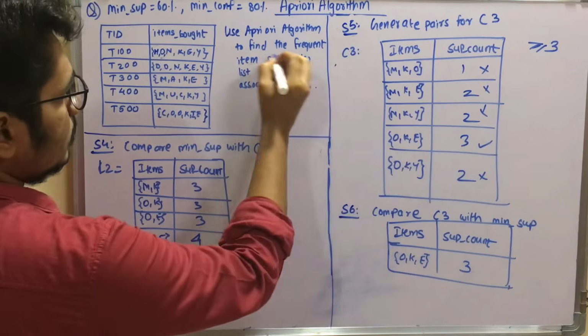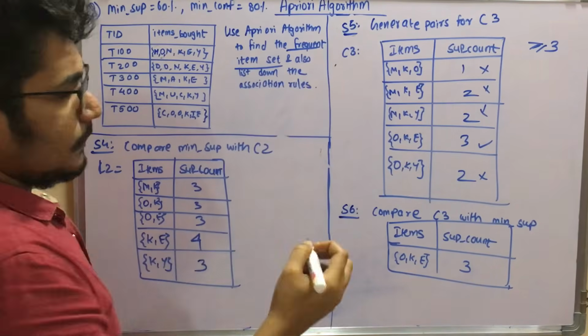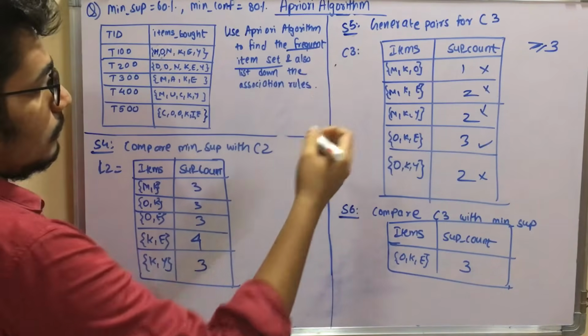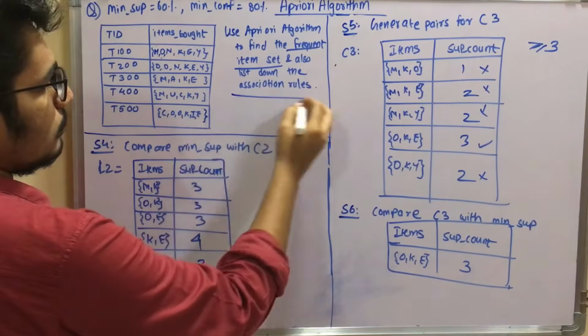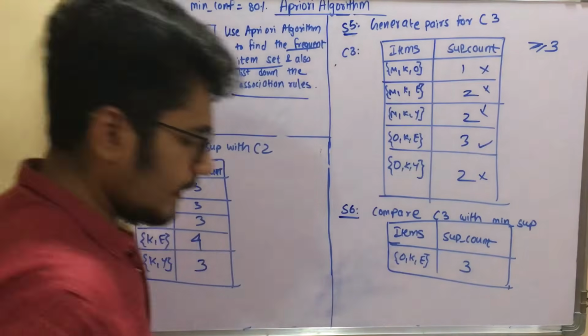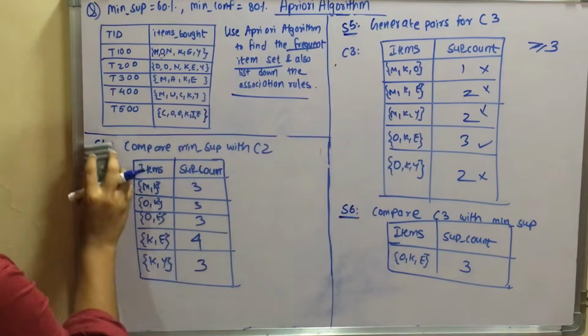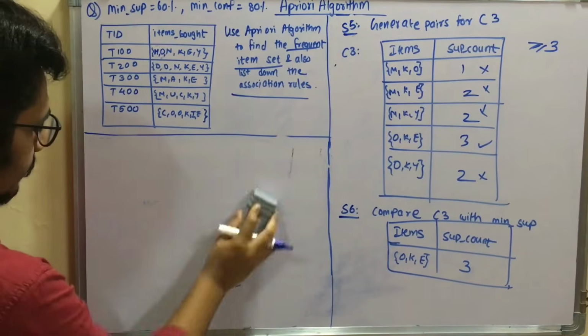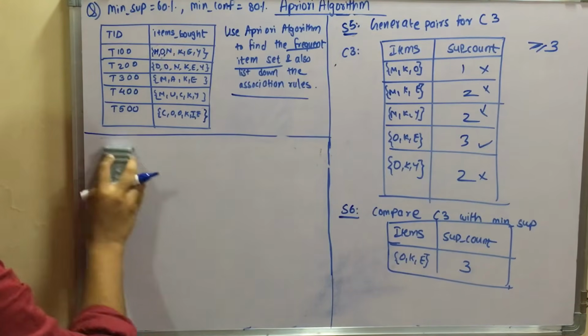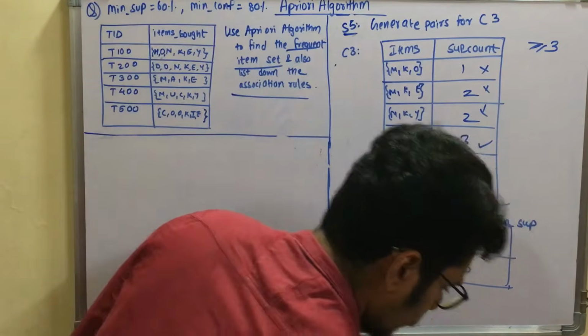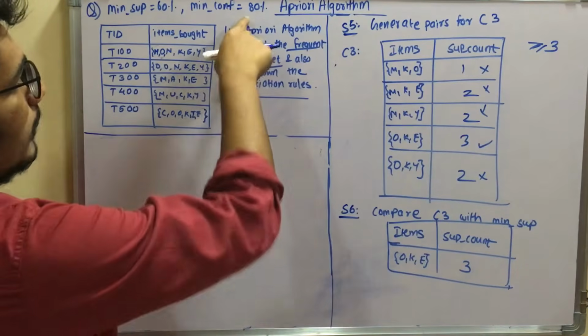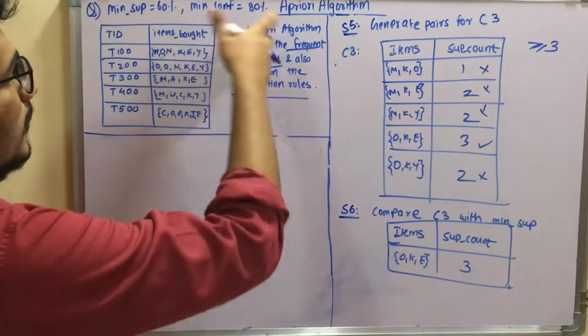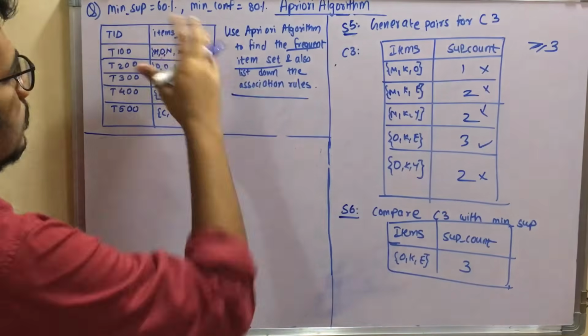Now you just did this part, that is frequent item set. You also need to lay out or list down the association rules. So that's also very easy, nothing complicated in this. So what we do is, we just take this particular item set, that is OKE, and we have this kind of minimum confidence 80% and with minimum support.